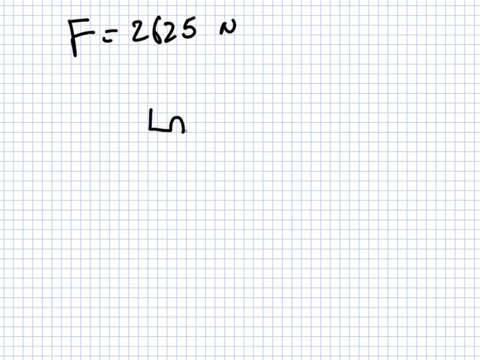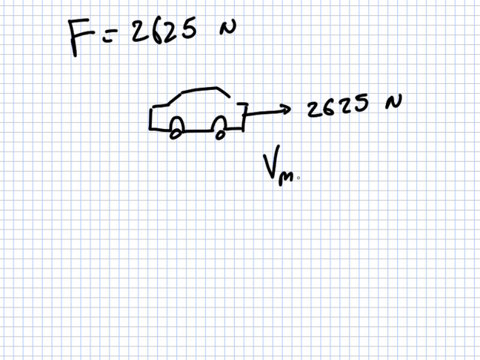So here your car has a force of 2625 newtons, and a force means there's an acceleration, and acceleration means the car keeps getting faster. However, the car's speed does not go past 28 meters per second. So what's the reason for this?